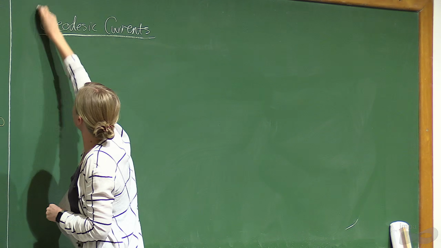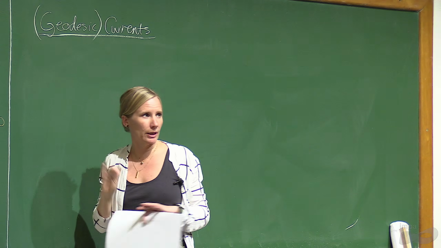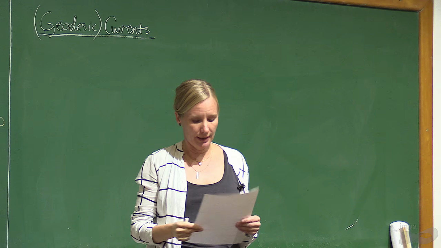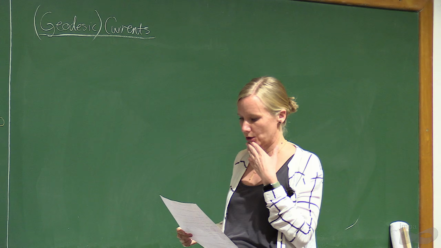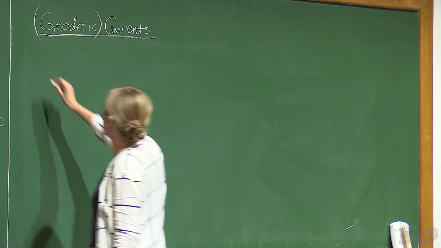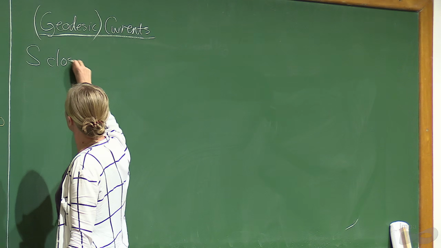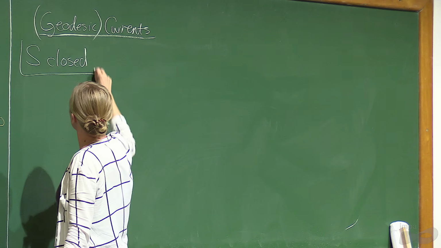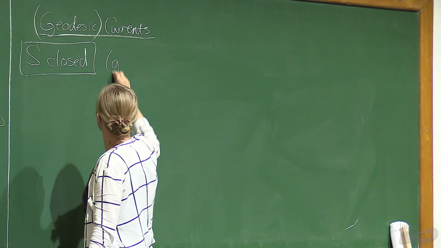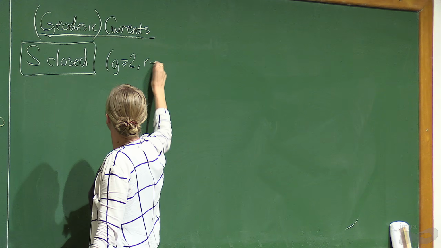I'm usually just going to refer to these as currents, even though I know currents also has other meanings when it comes to measures. From now on, I want S to be closed, so it's a surface with genus at least 2 and no punctures.